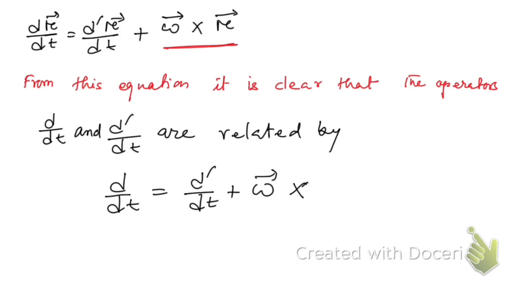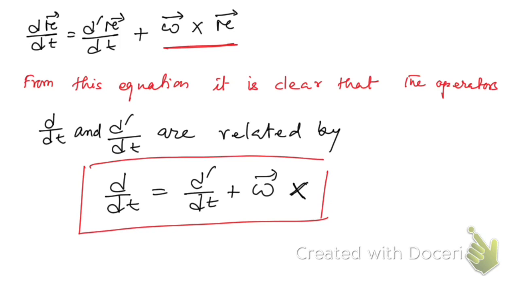Omega cross, this is not x, this is cross. So this is what we need to obtain, right? This is what was asked in the question.